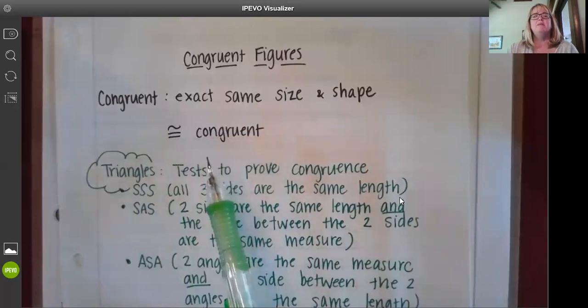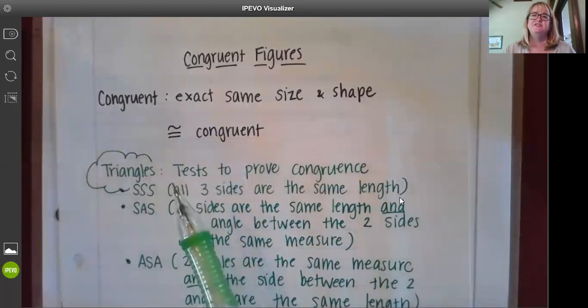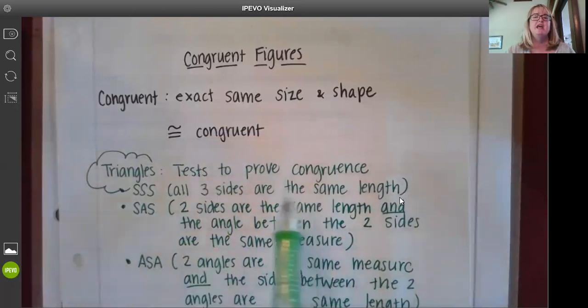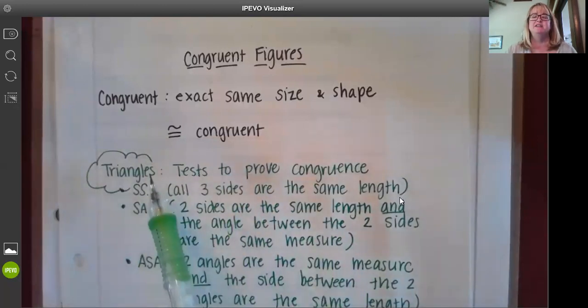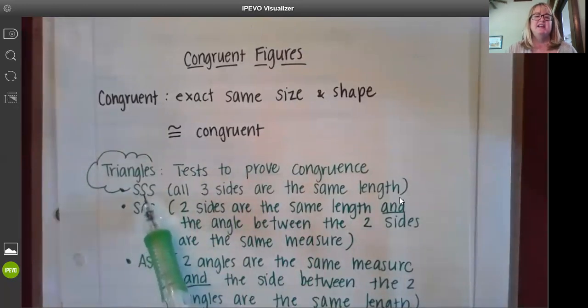All right, there are some things we need to go over about properties of shapes, and there are tests that can prove whether triangles are congruent. I want to go over those tests now. This is for triangles. One is called SSS, which stands for side, side, side.